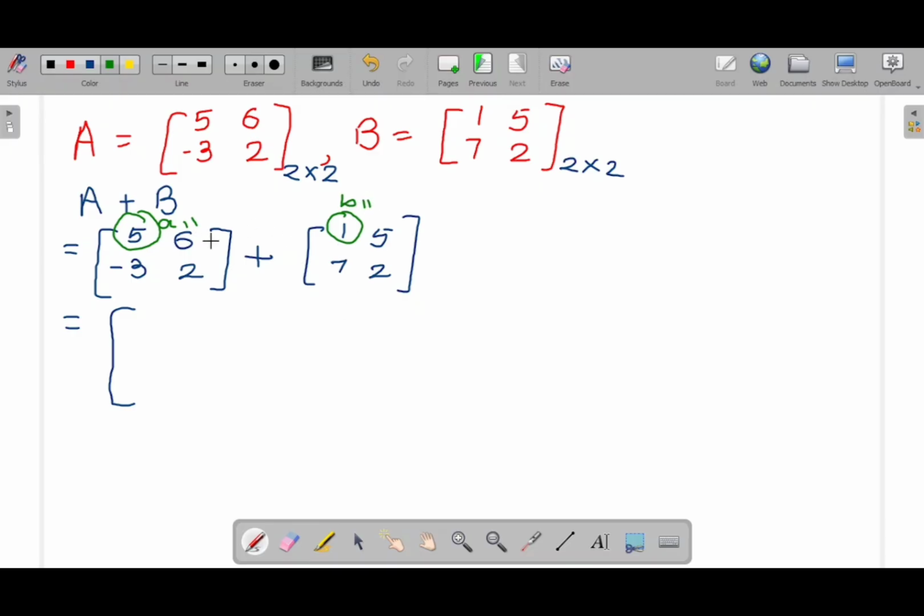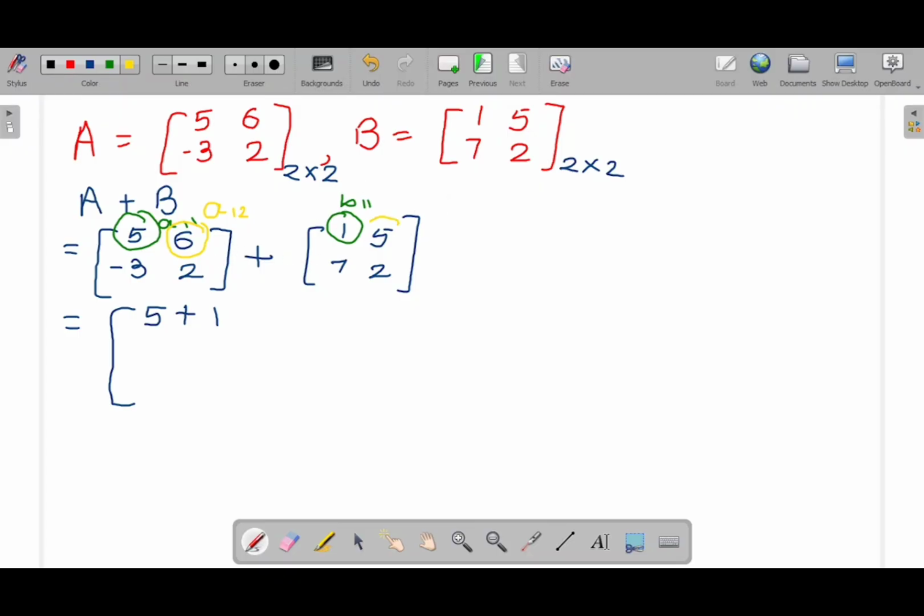So I should add these corresponding numbers, that is, 5 plus 1. Similarly, if I go ahead, this 6 is A12. It is in the first row, second column. Which element do you find in matrix B in the first row and second column?